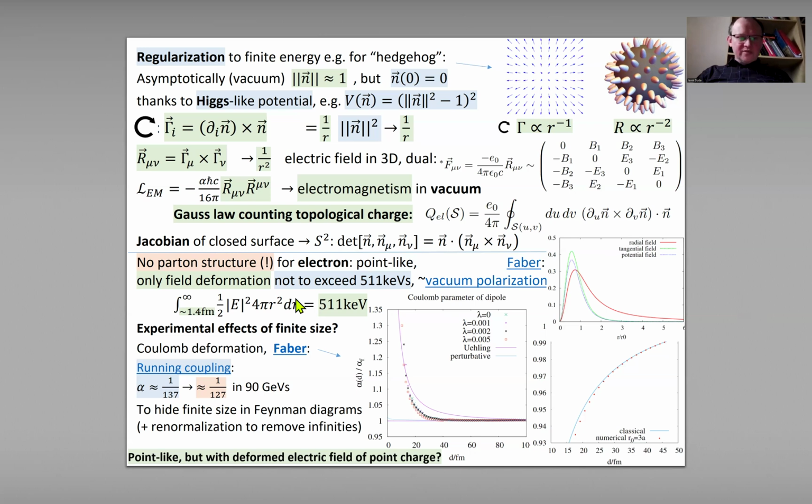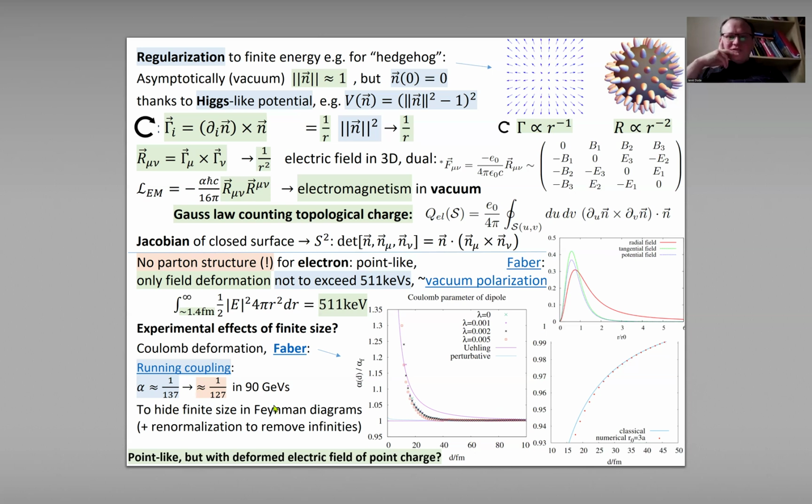And Matthew Faber's team has calculated it, for example, getting these kinds of points. Versus the Coulomb, which is the blue line, the red are calculated numerically. We can see that Coulomb interaction becomes slightly stronger for very short distances. It turns out this is in agreement with the so-called running coupling effect: for very high energy, the alpha controlling Coulomb interaction is deformed into stronger, like here.